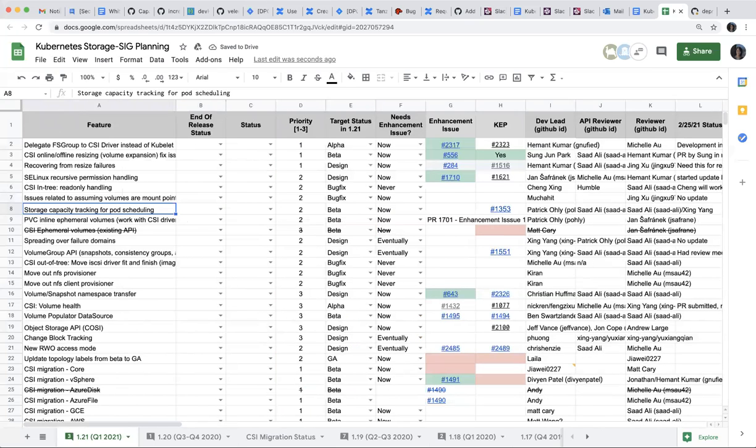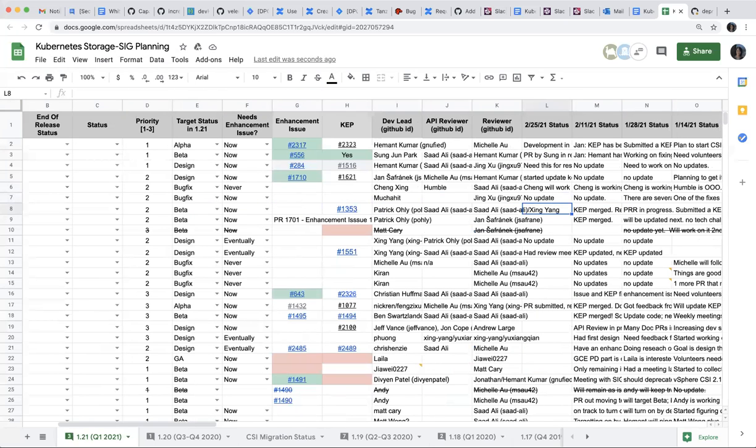Next one is storage capacity tracking for pod scheduling. Do we have Patrick here? Michelle, do you know the status for this? I think he's had a number of PRs out for review, and some of them have merged.